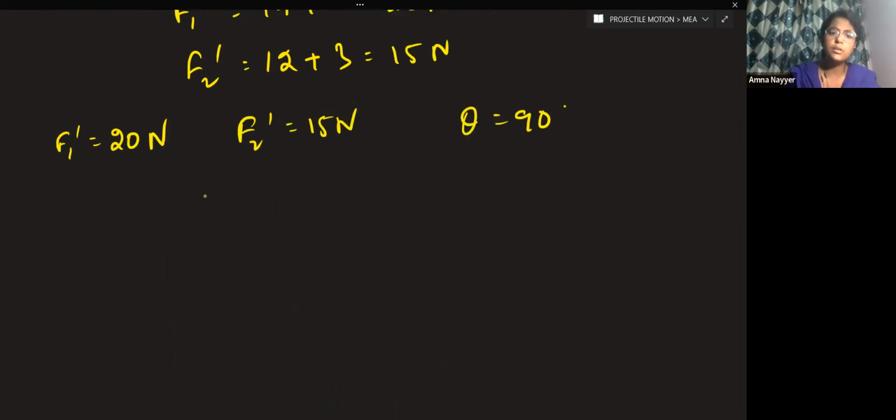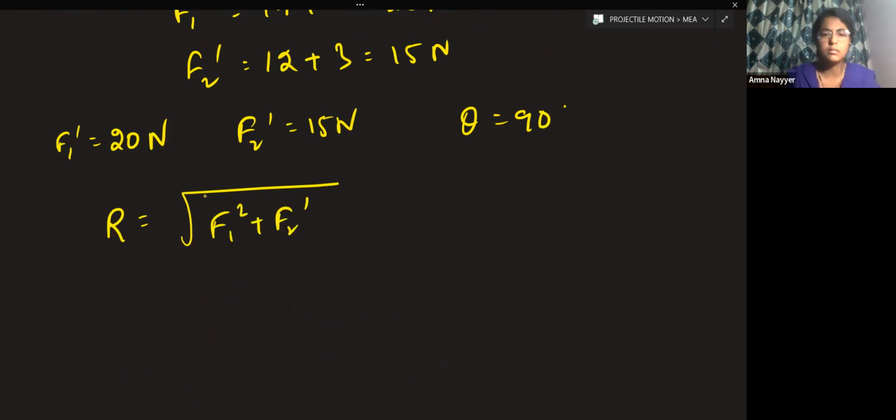Third case we'll use. Directly write the resultant as the square root of F1 prime square plus F2 prime square. Don't write the initial values before adding 3. Don't write 17 or 12, write 20 and 15 because this is the value you are required to use.